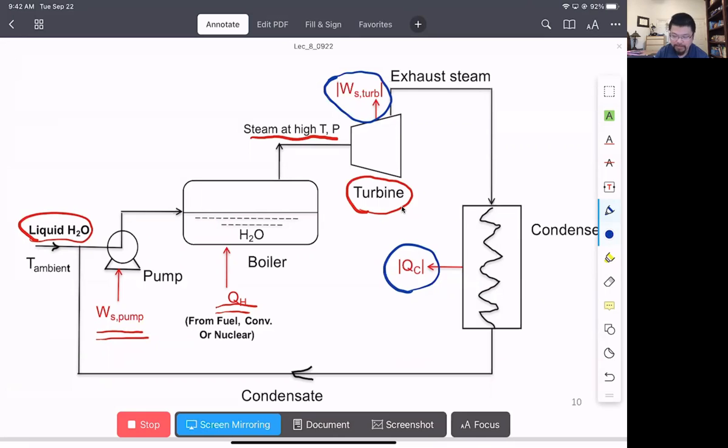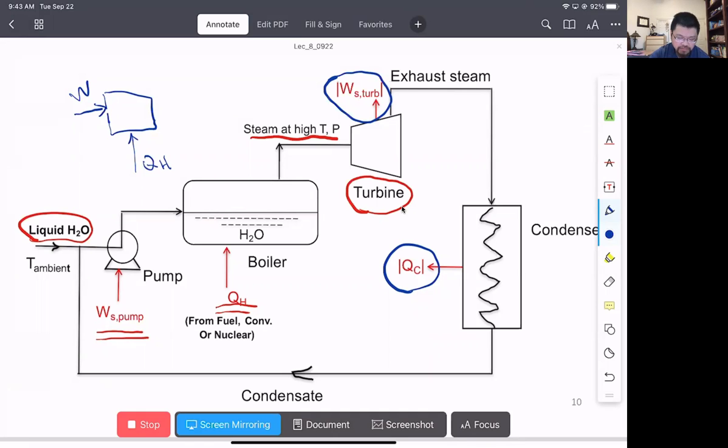So from that illustration, if we try to define this very simple diagram, we are going to have the work input, and we are going to have some heat input from this hot reservoir.